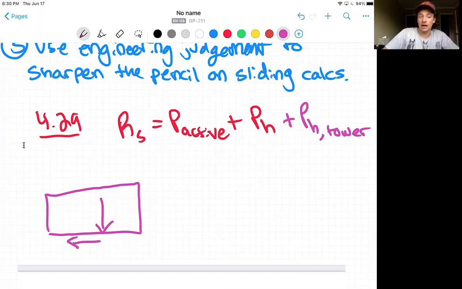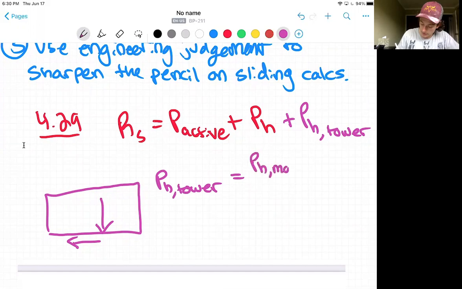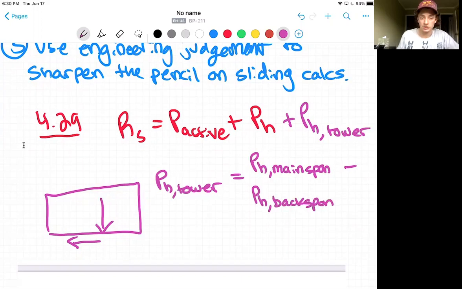And to calculate PH tower, we're just going to use PH on the main span minus our PH backspan, assuming there's some friction transferred across the tower.